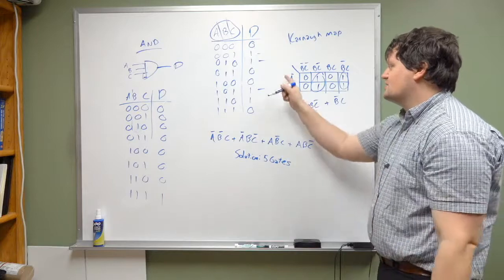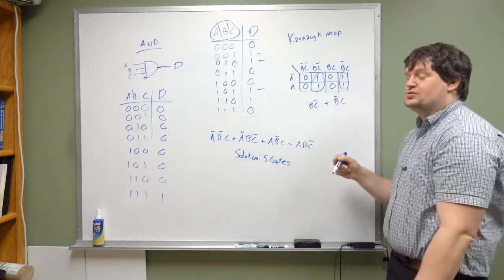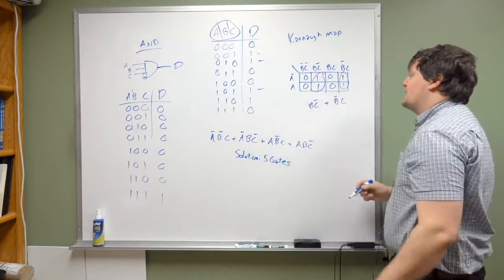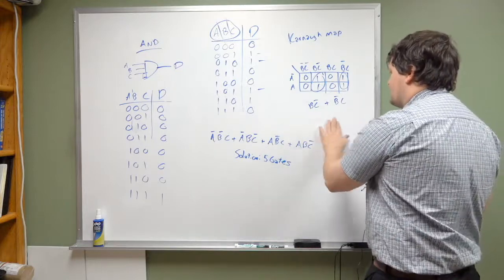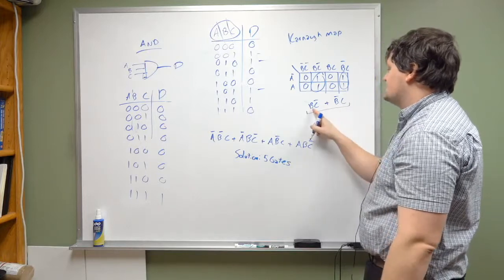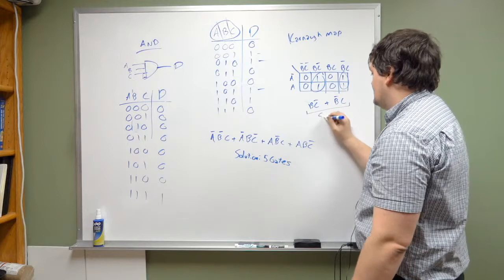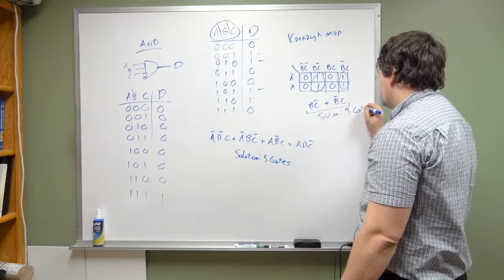It doesn't care whether it's A naught or A. It's going to be true if B naught is true and C is true. Okay, so it's just picking out squares out of this for your Karnaugh map. And we end up with this result. Okay, this result here is an AND gate, and then an OR gate to connect them. This solution here is 3 gates.